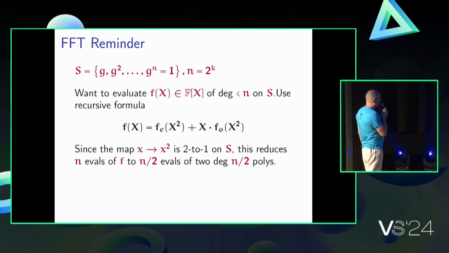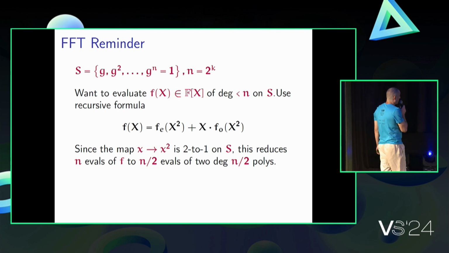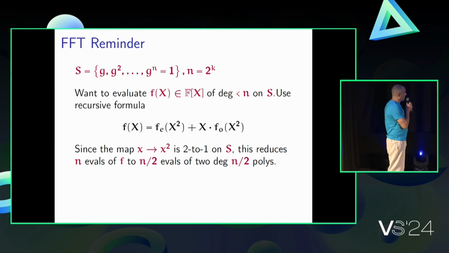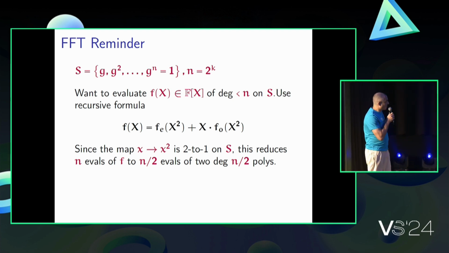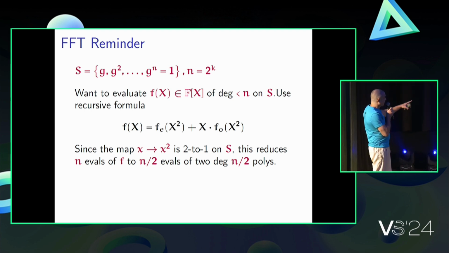We decompose f into the even and odd coefficients. We can write f as f even of x squared plus x times f odd of x squared. And because the mapping going from x to x squared is a 2-to-1 mapping on S, right?